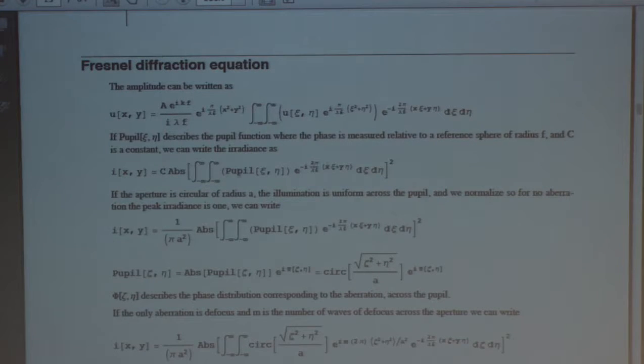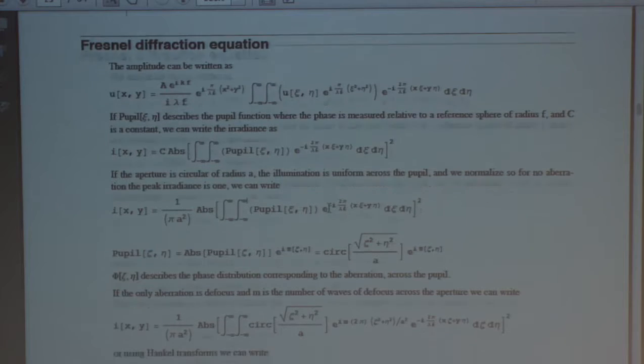So we'll take this and multiply it by its complex conjugate. So we have the Fourier transform of the pupil function, whatever the pupil function is. We'll worry in a second here just what that is.